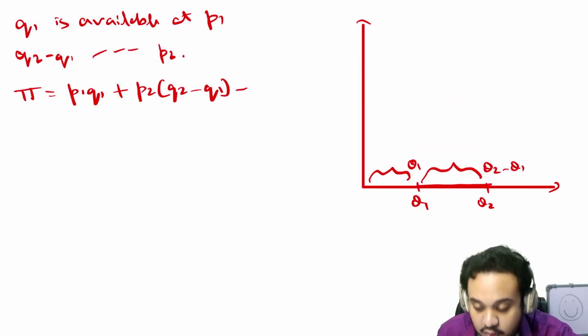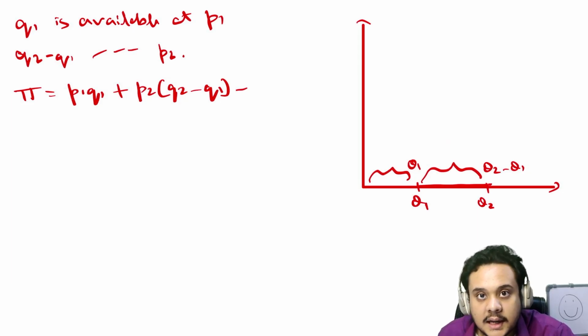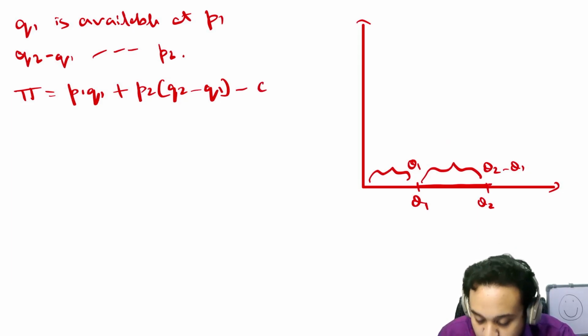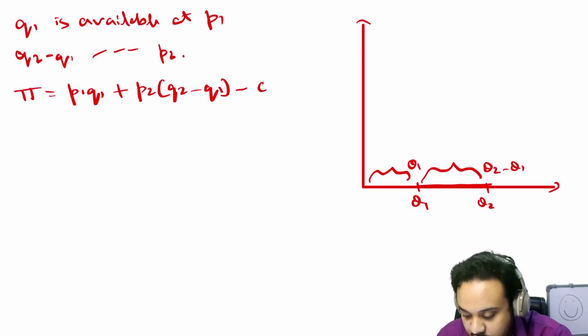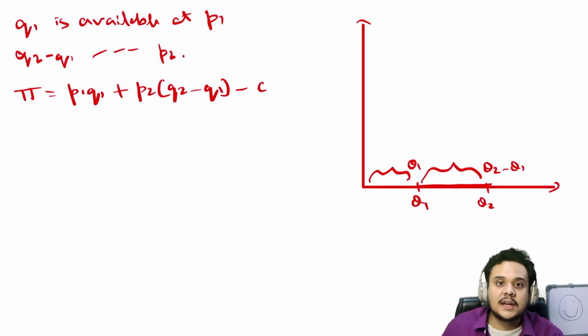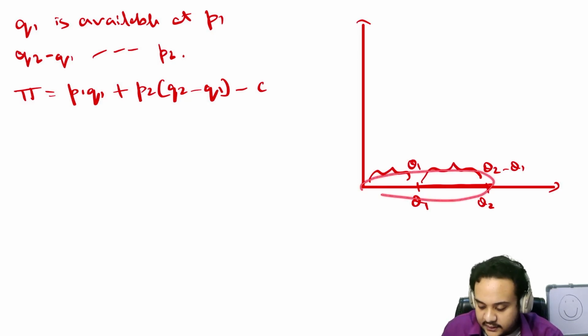And then comes the cost. What is going to be the cost? It will be just marginal cost into which of these quantities? You don't have to multiply cost to each of these individually. The whole of these quantity is just nothing but q2, right?